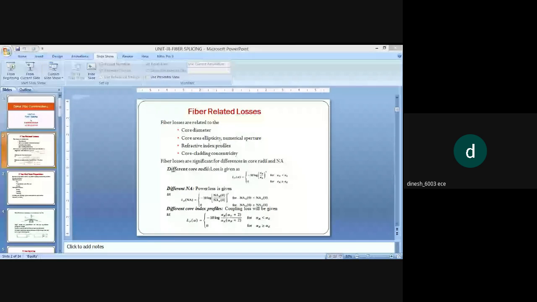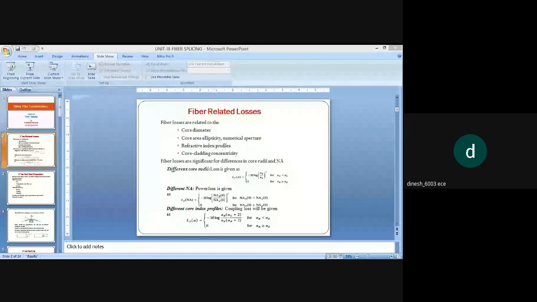Next is fiber end face preparation. End face preparation is the first step before connecting fibers through connectors, which joins two fibers. The fiber end which you want to cut and join should be flat, perpendicular to the axis, and smooth.